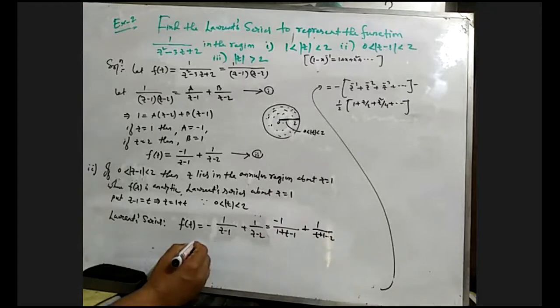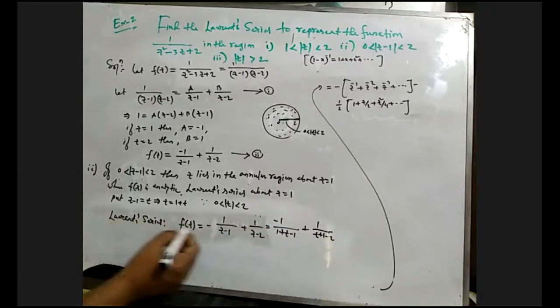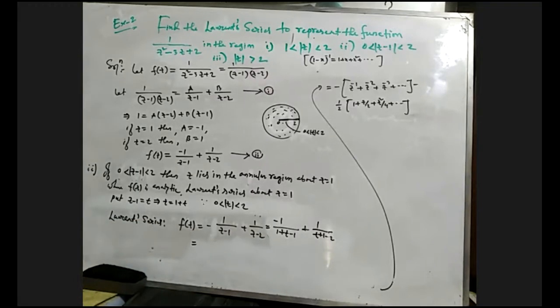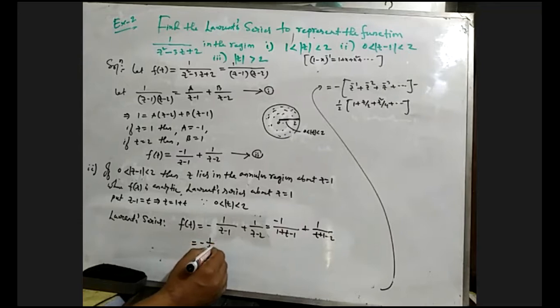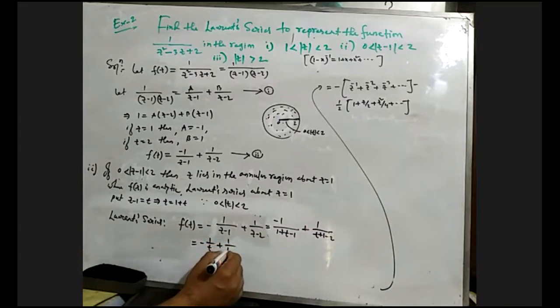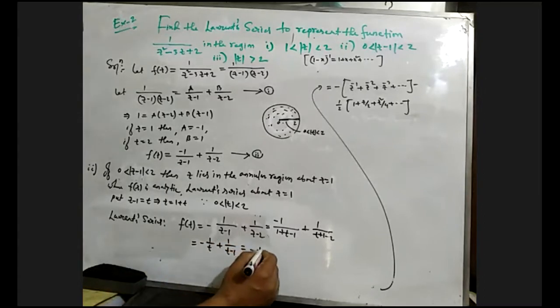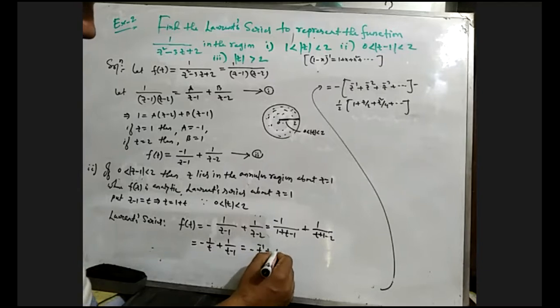So this series can be written as, minus, here 1 will be cancelled, so we can write only 1 by t. And for the second one, 1 divided by t minus 1. And this equals to minus t to the power minus 1 plus (t minus 1) whole to the power minus 1.